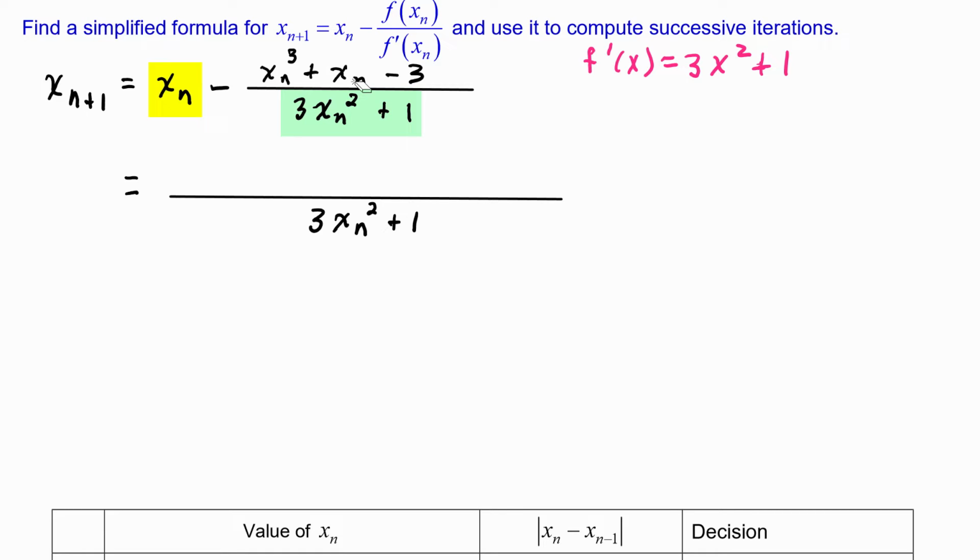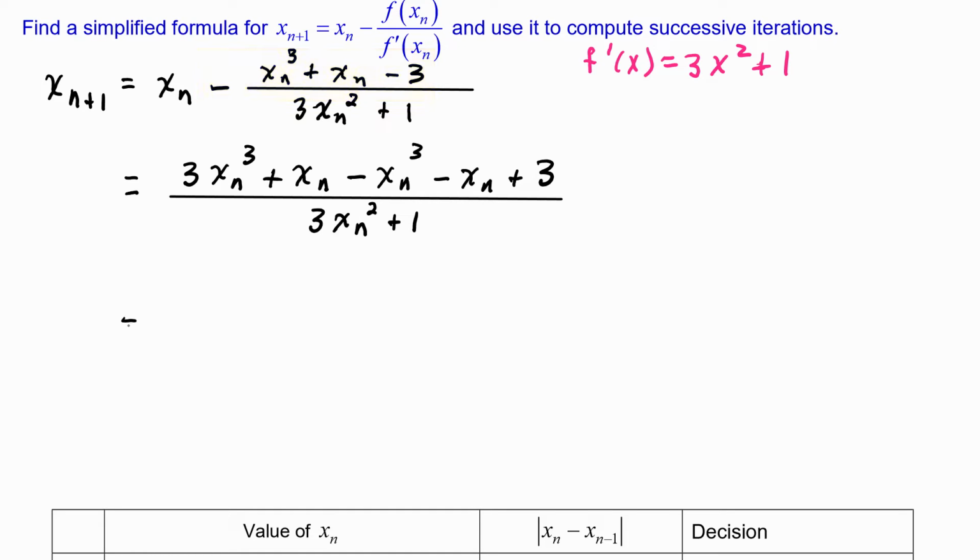So if we do that, that's going to become 3x_n cubed plus x_n. We just took this times this. Then we have the subtraction, and that subtraction has to distribute to all three terms. So we would have minus x_n cubed minus x_n and plus 3.